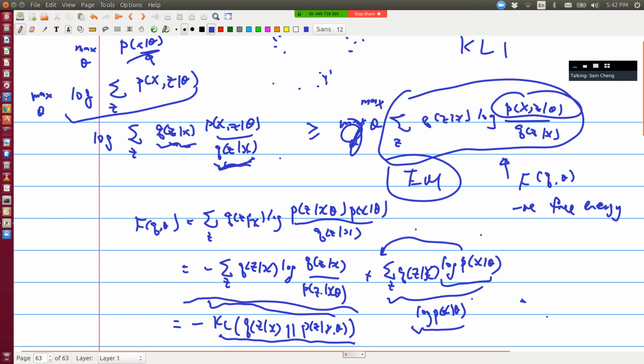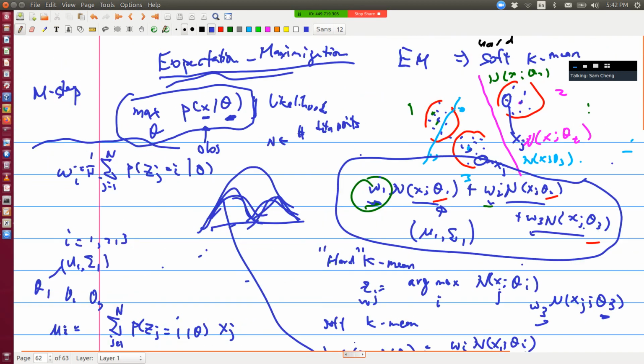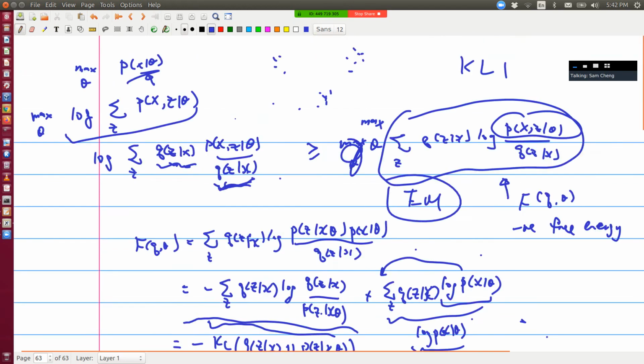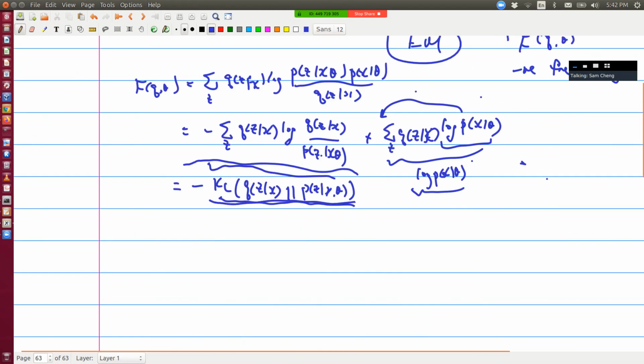Therefore, in the Gaussian mixture model it is probably okay. For example, in our previous example, if you agree that there are actually three clusters like that, and this is actually the true membership, then we have a pretty good estimate of the original likelihood, because then the KL divergence specified in here should be pretty small.